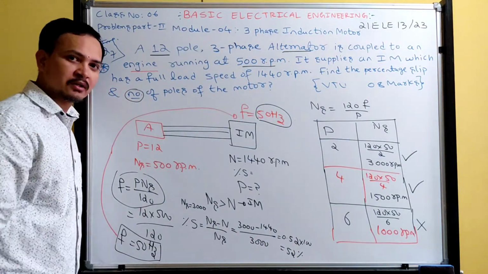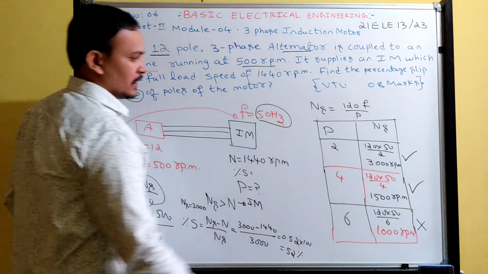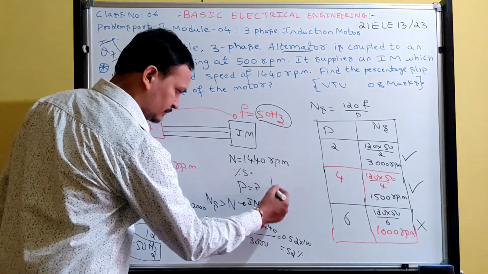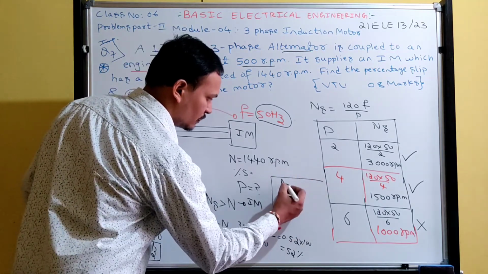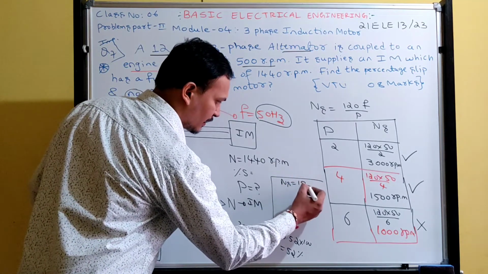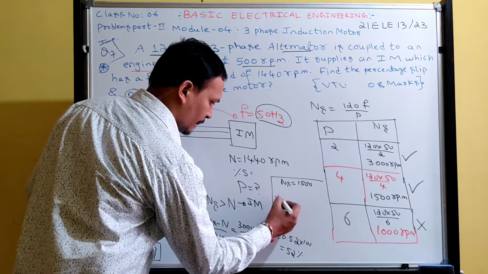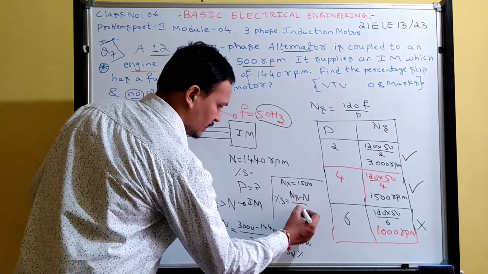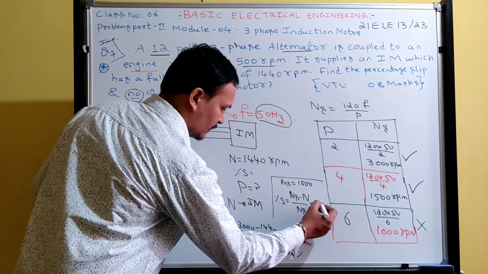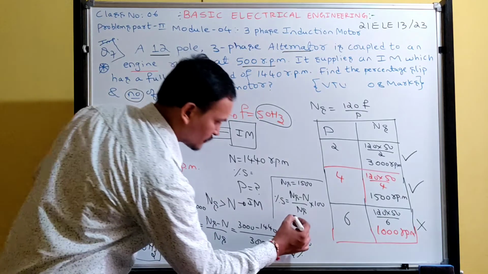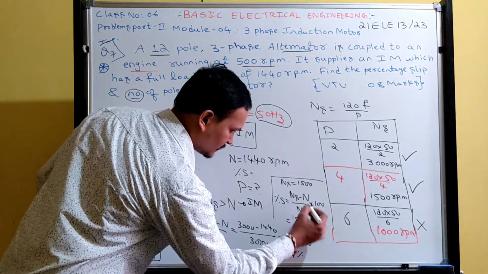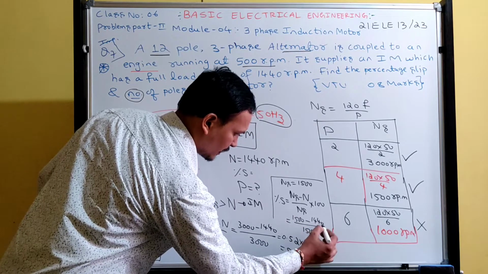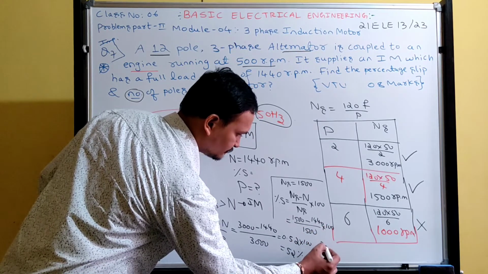Is this slip good for an induction motor? No. Okay, now check for 4 poles. For 4 poles, I am going to calculate slip here. So when NS is 1500, I am calculating the percentage slip. What is the formula? NS minus N by NS multiply by 100. NS is 1500 minus N is 1440 divided by 1500 multiply by 100.